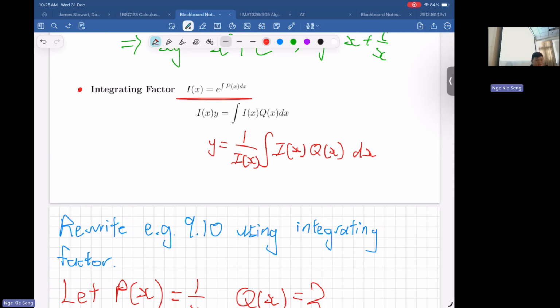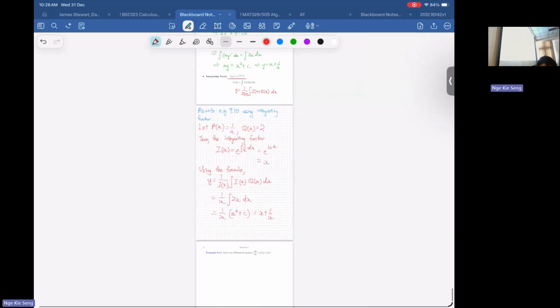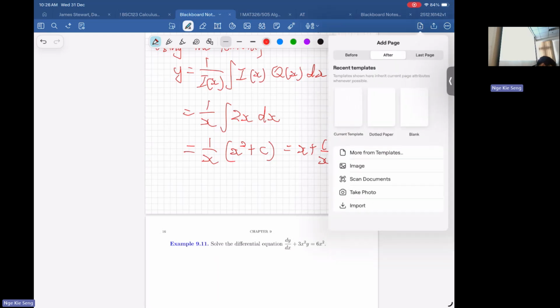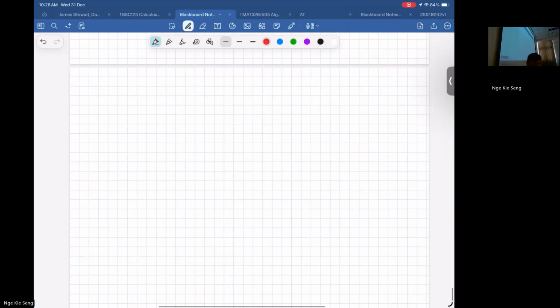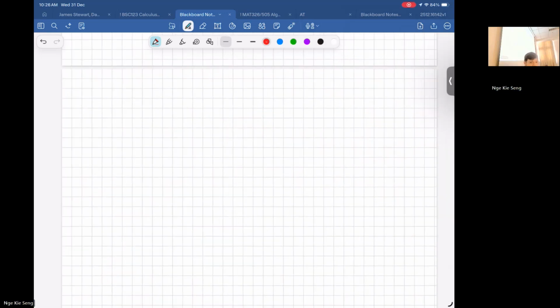Okay, so maybe let's try and see how we get this solution, how we come up with this integrating factor. Let's spend some time deriving it. We want to get it into the form of the product rule.